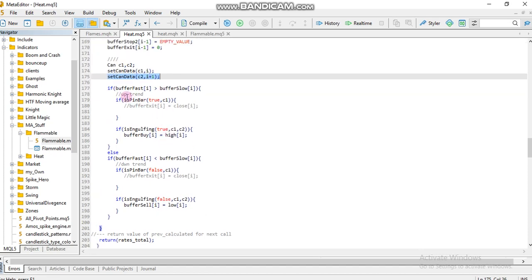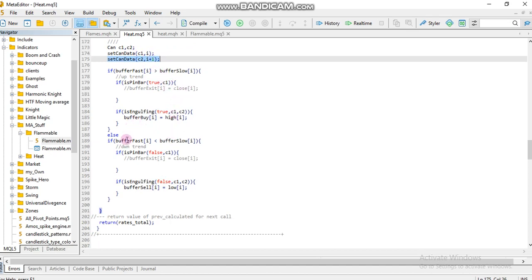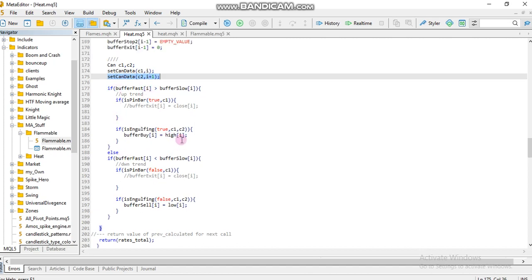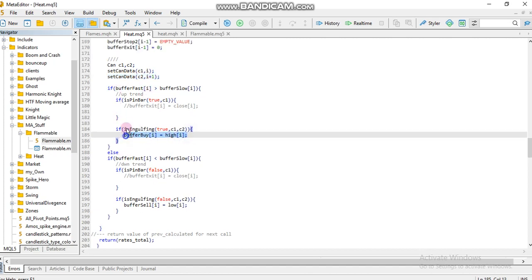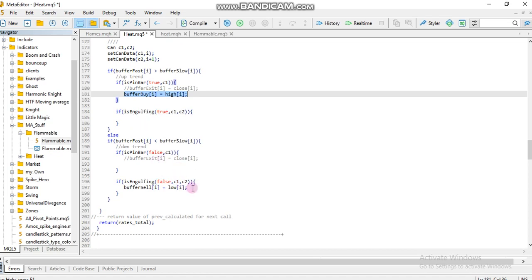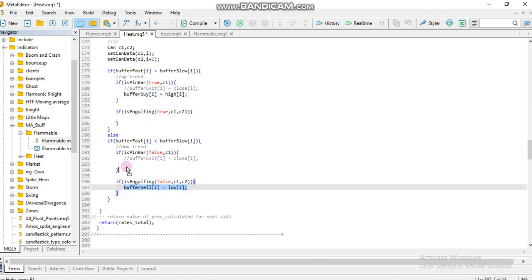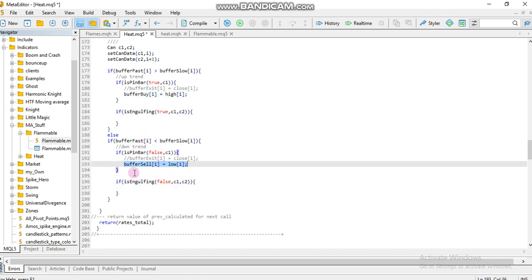So here I'm checking if it's a pin bar. I'm looking for a bullish pin bar, and I'm passing in that one candle. Remember this one. Let me put an example for you right now for you to actually see these candlestick patterns. Here this is just the inverted: if we're in a downtrend, look for a bearish pin bar.